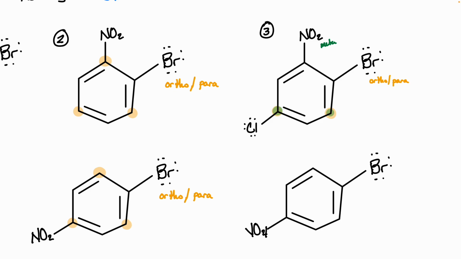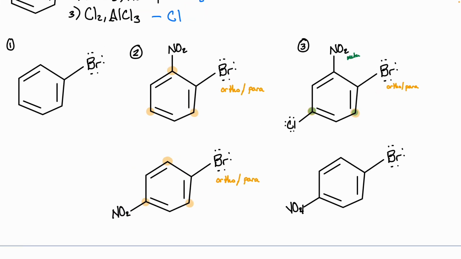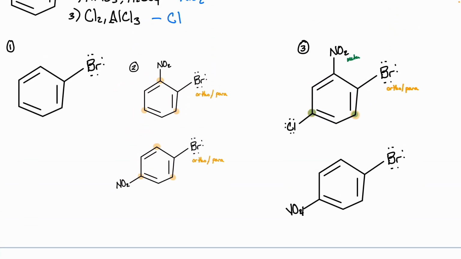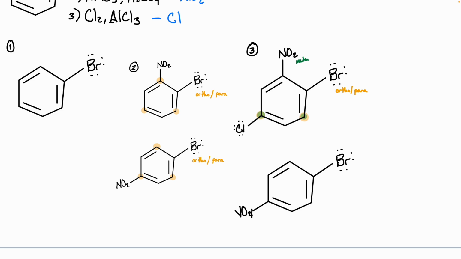But I would get a different product. It's not symmetric if I added it over here. So let me just shrink this down. I got to attach it to each position.